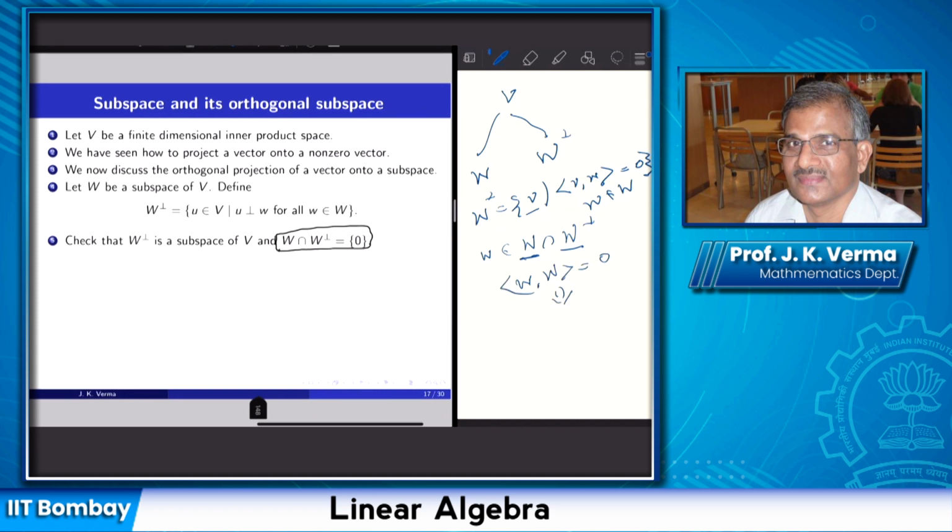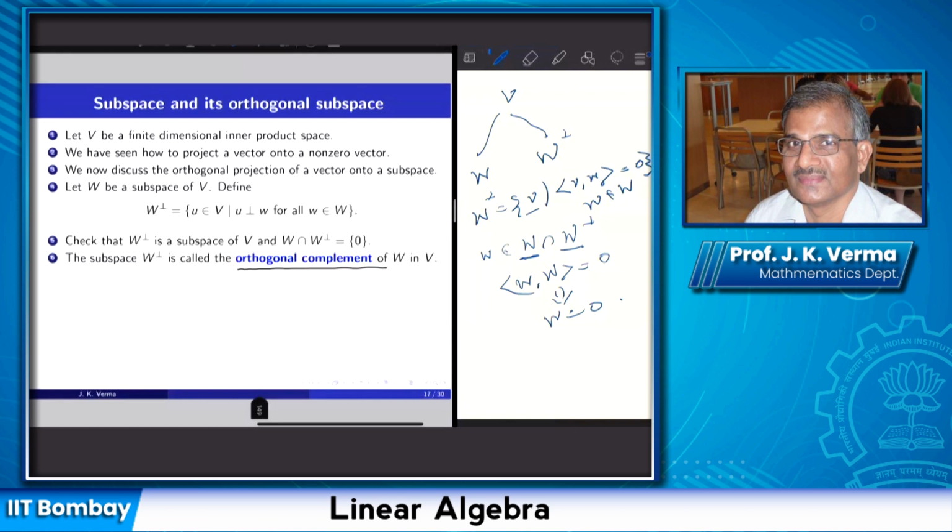But by the positive definite property of the inner product, w has to be 0. So W and W perp intersect only in 0. Vectors in W which are perpendicular to every vector in W are only the 0 vector. This subspace W perp is called the orthogonal complement.